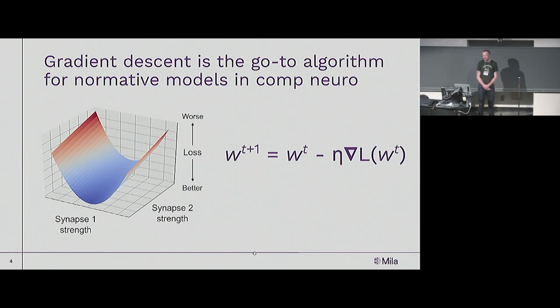So, indeed, gradient descent is the go-to algorithm for normative models in computational neuroscience. The reason for that is very simple. Gradient descent works. I spent my early years as a graduate student, whenever I would delve into computational neuroscience papers, for the most part, what you'd find were models that would perform extremely toy tasks, like basically associate A with B or something like that.